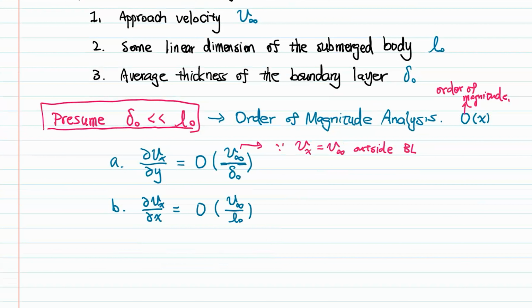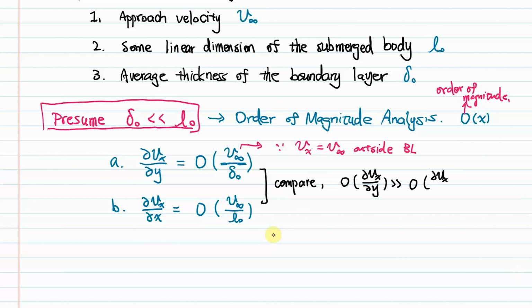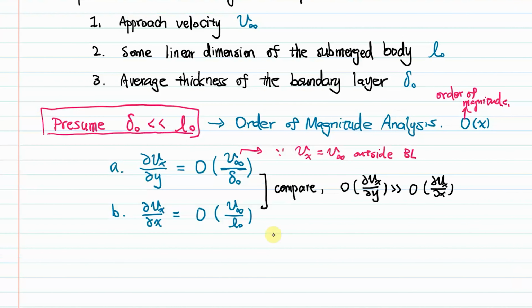So immediately you can see, if you compare the two terms here, the order of partial Vx partial y is going to be much greater than the order of partial Vx partial x, because the boundary layer thickness is much smaller than the characteristic length of the submerged body.